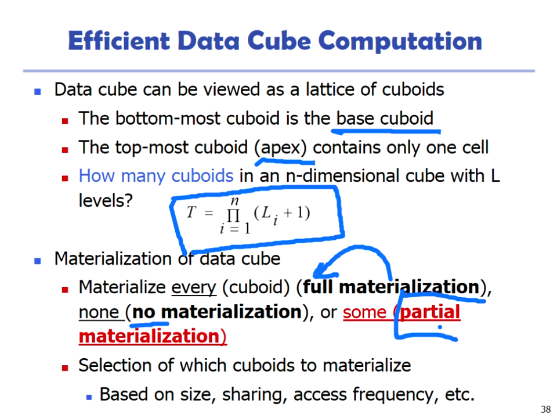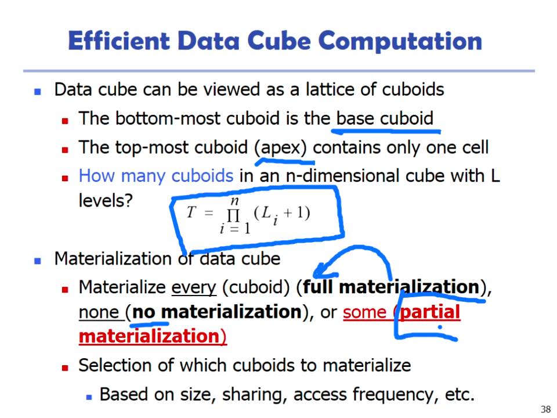So in this case, why will we materialize just a part? Because the data warehouse is big, it's very big. We talk about terabytes, 100 terabytes, for example.